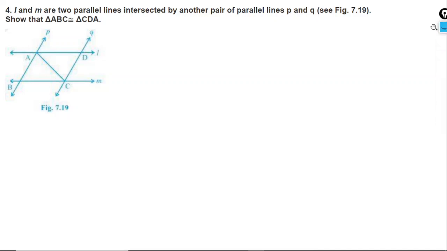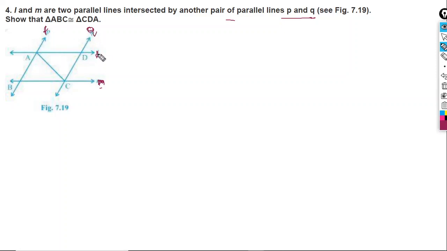Here it is question number 4. L and M are two parallel lines. Here you can see this is L and this is M, two parallel lines. L parallel to M is intersected by another pair of parallel lines P and Q. Here you can see the P line and Q line, they are also parallel.